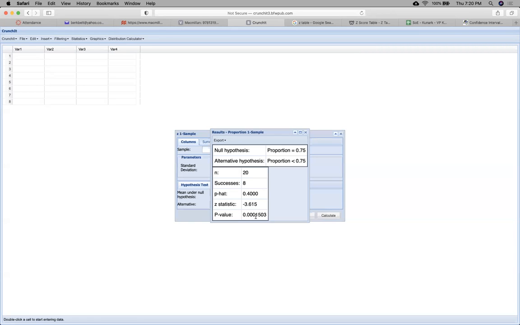The p-value is the simplest way of determining whether or not what you ended up with is in any way consistent with the null hypothesis. So here's what it is.